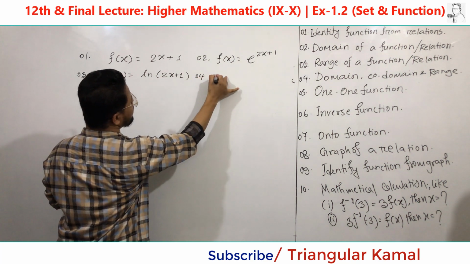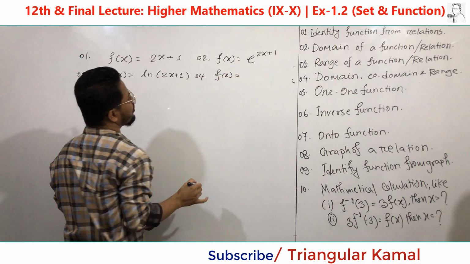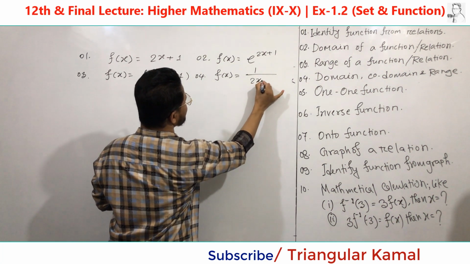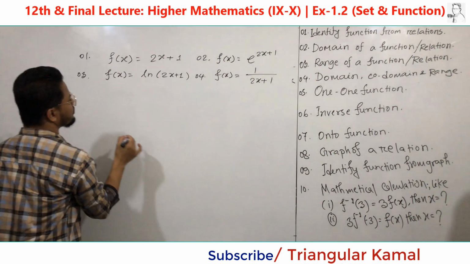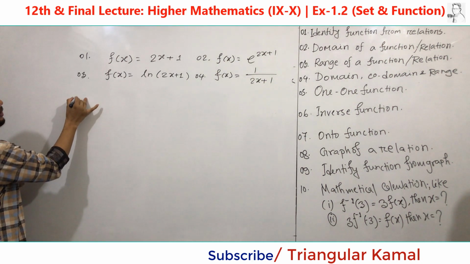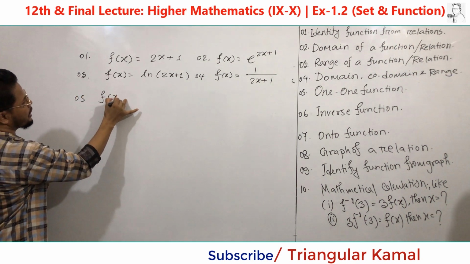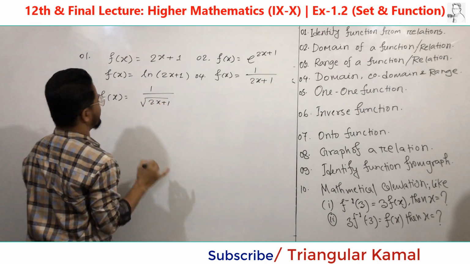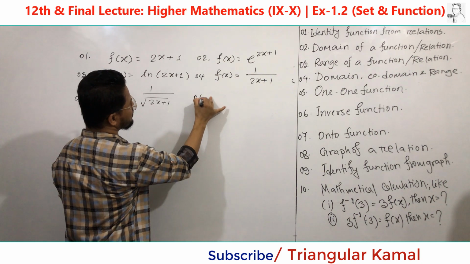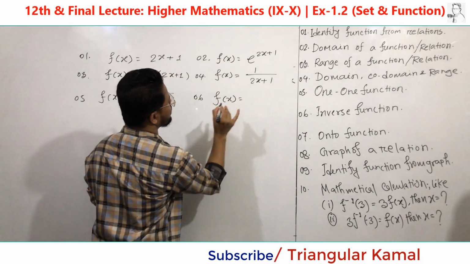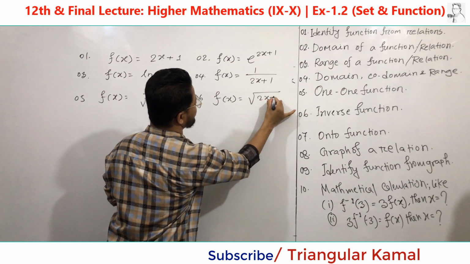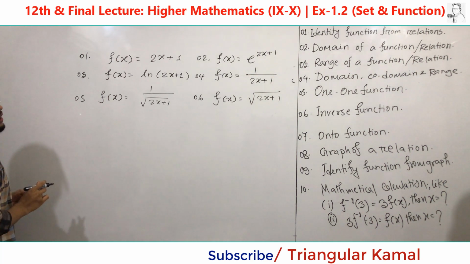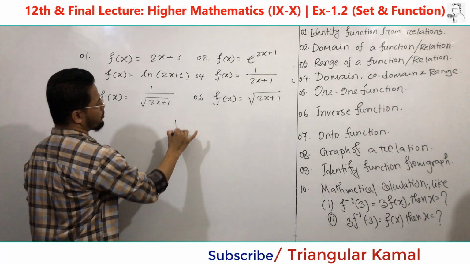Number 4: f of x equals 1 by 2x plus 1. Number 5: f of x equals 1 by root over 2x plus 1. Number 6: f of x equals root over 2x plus 1. So we see here 6 different questions, and the requirement is just to find the domain.